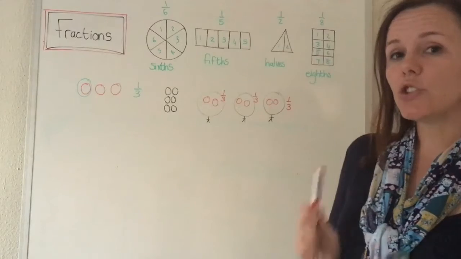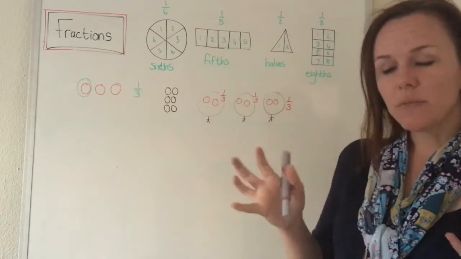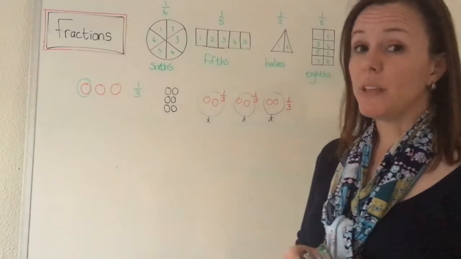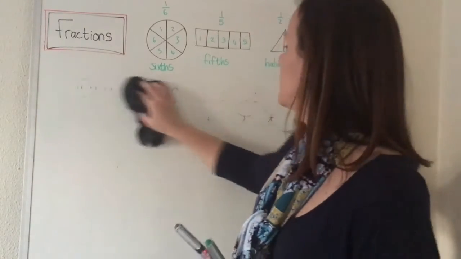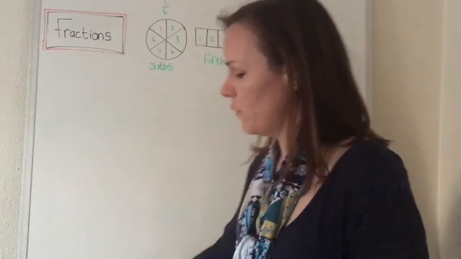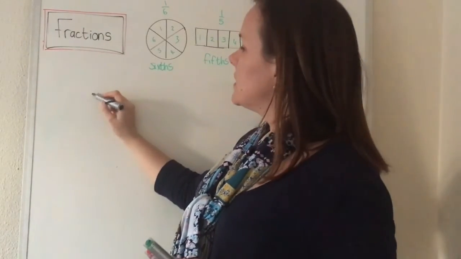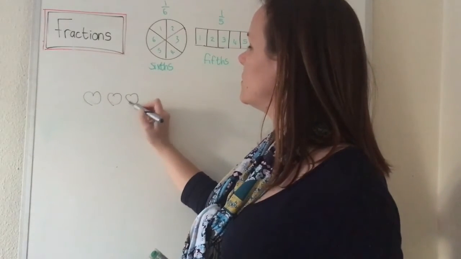Now, where it gets tricky is if the number of items that we have is not so easy to divide between the friends. For example, let me just wipe this one. If I have 6 apples, let's draw them here. 1, 2, 3.